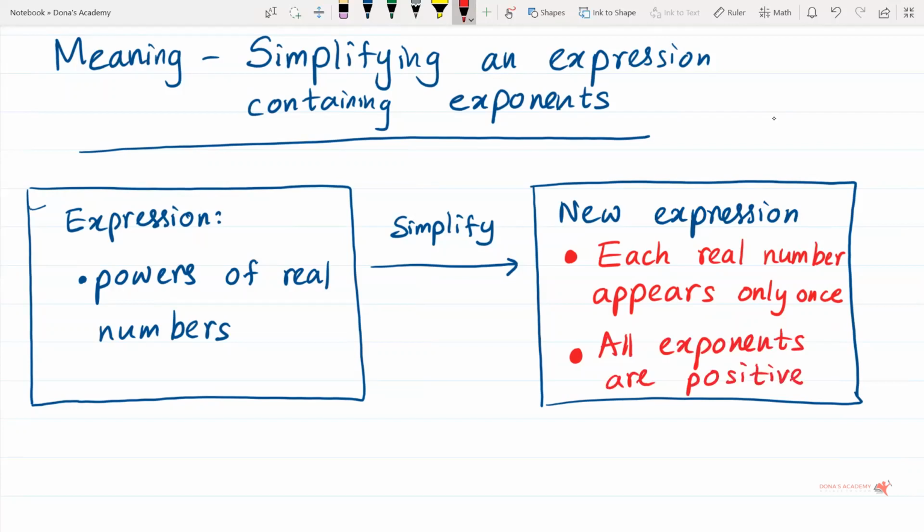If the new expression satisfies these two conditions, then we say that it is simplified. So then we can stop the calculations.